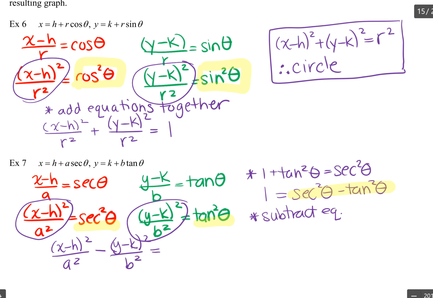Secant squared minus tangent squared equals 1. And I look at that equation, this now is the standard form for the equation of, you're right, a hyperbola. And to go one step further, this hyperbola, is it vertical or is it horizontal? Since the a squared is underneath the x term, which is the positive, that's our first term, our hyperbola is going to be horizontal.